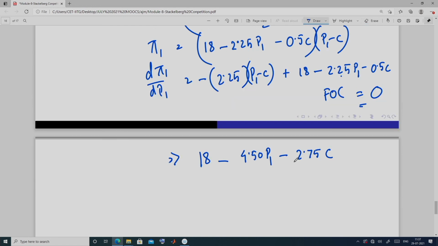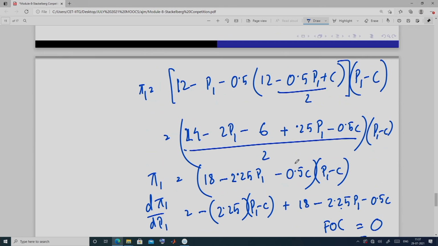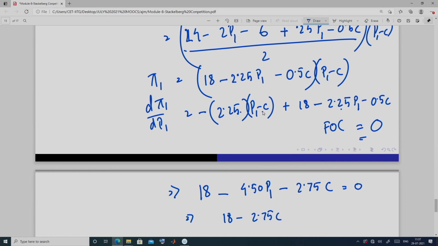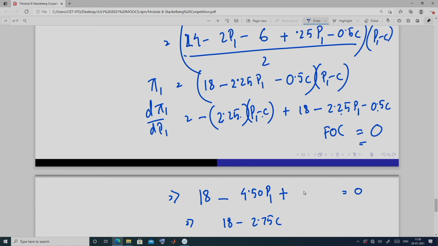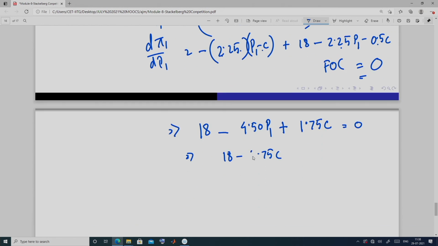Okay. So, this is equal to 0. So, 18 minus, I think there is some problem here. This term is going to be plus, so it is plus 2.7. So, this part is 2.5 plus 2.25, there is minus 0.5. So, it will be 1.75C with this.